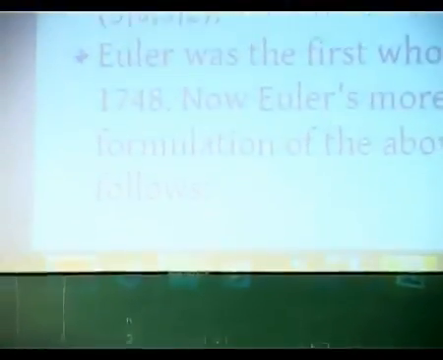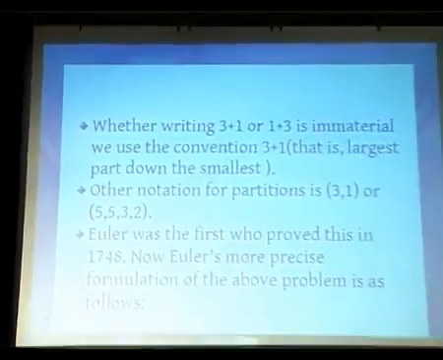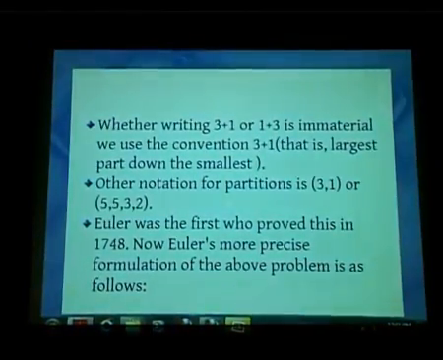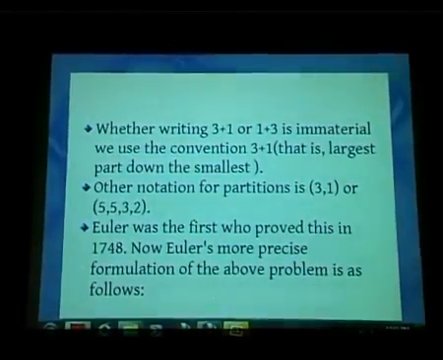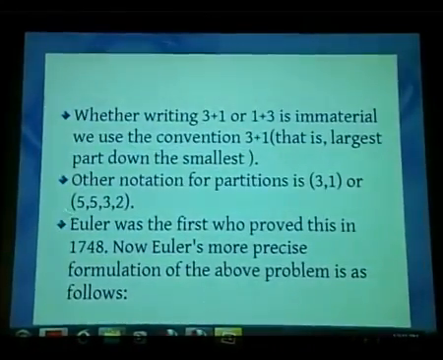So whether writing 3 plus 1 or 1 plus 3 is immaterial, we use the convention that the largest part should come first and then the smaller ones. Also for partitions, instead of using the plus symbol in between, you can denote it with brackets like this.